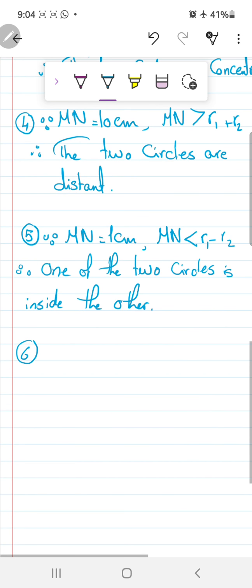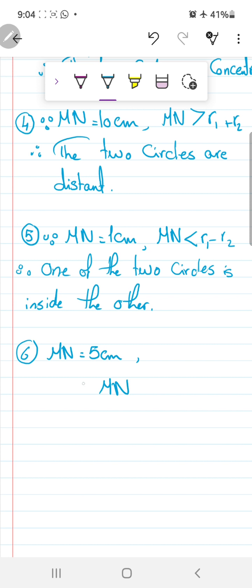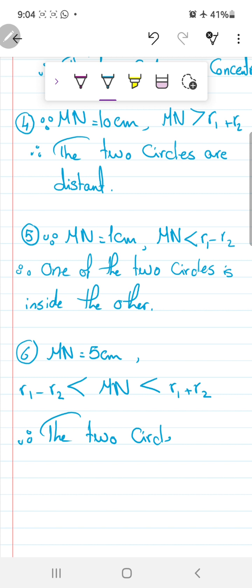So here number 6, MN equals 5 centimeters. It means MN is greater than the difference between the two radii and smaller than the sum of the two radii. So the two circles are intersecting.